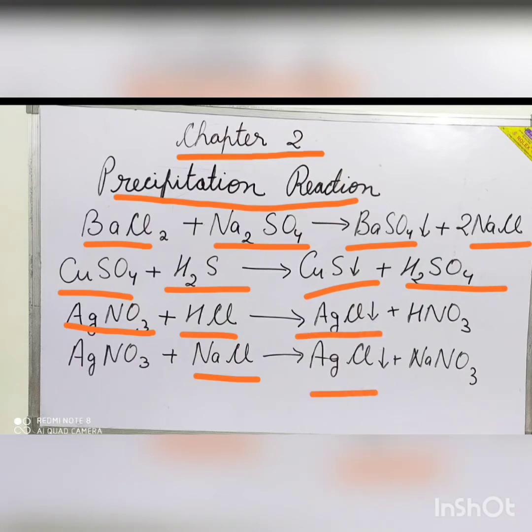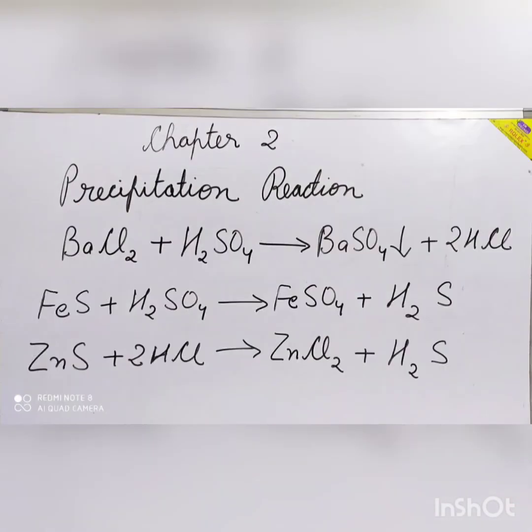With hydrogen chloride, nitric acid is formed, and with sodium chloride, sodium nitrate is formed. Fill 1/3 of a test tube with a solution of dilute sulfuric acid and add to it a solution of barium chloride. A thick white precipitate of barium sulfate is immediately formed, along with hydrochloric acid.